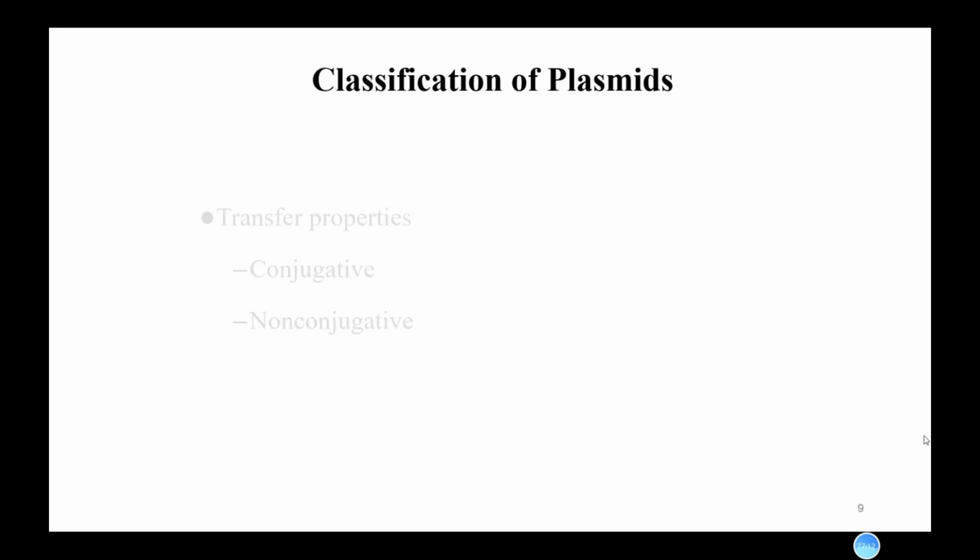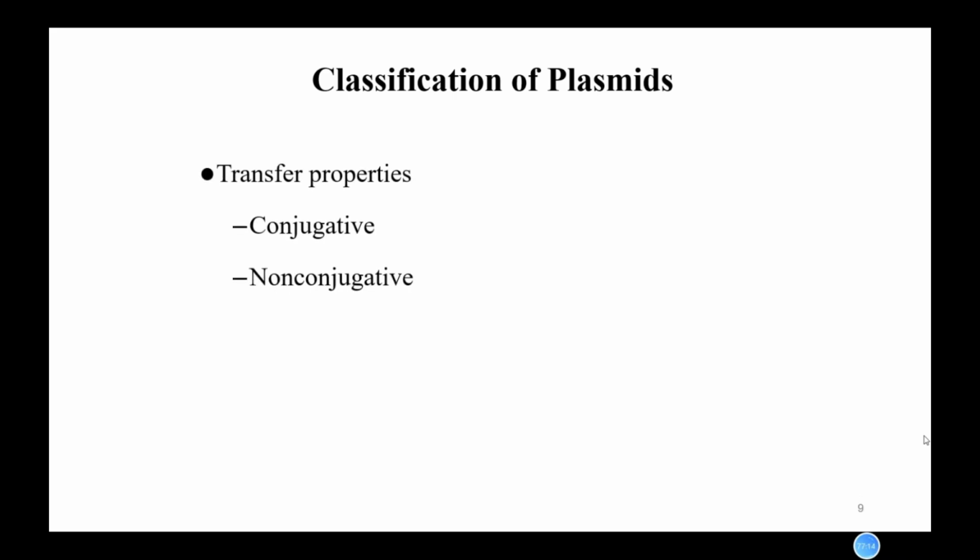Classification of plasmid. Based on their properties, plasmid can be divided into different categories. First, based on the transfer property, some plasmid can be conjugative, which means that they can carry out the conjugation procedure to transfer the plasmid.